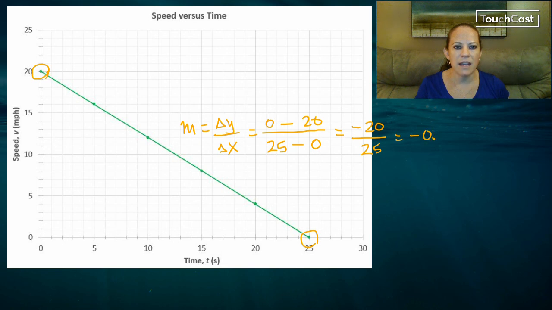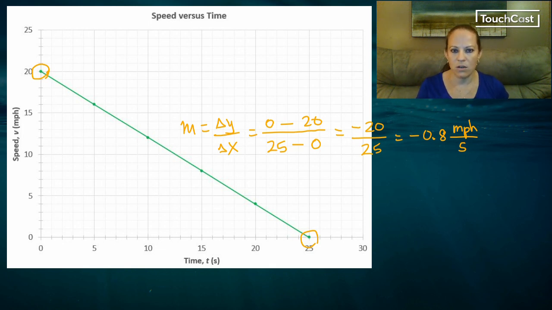and that gives us negative 0.8. These units are going to look a little weird, but we do vertical axis variable units, miles per hour, divided by horizontal axis variable units, seconds. So this shows a decrease of 0.8 miles per hour for every second that the car runs.